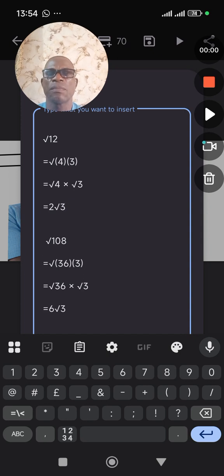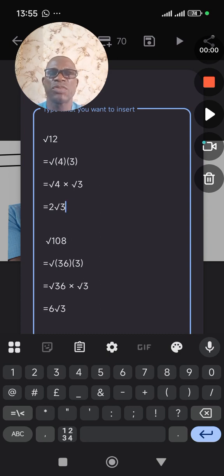Finally, let us simplify square root 108. The same process we are going to apply. We are going to break 108 into two factors. One of the factors must be a square number, while the other must be a surd number. These two factors are 36 and 3.